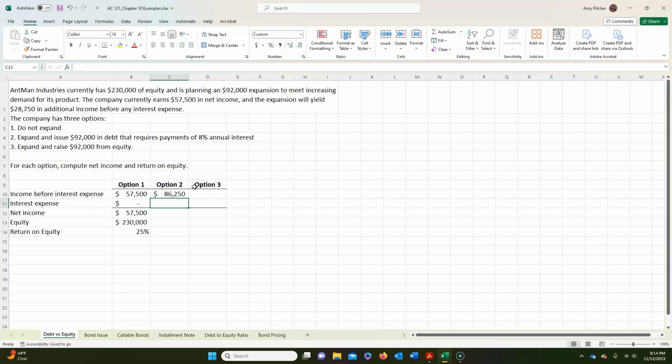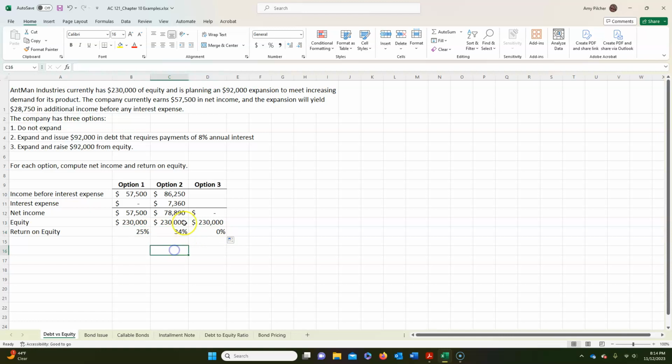So we're taking out $92,000 in loans, so we're going to take $92,000 times 8%. So we're going to have this annual interest expense. Copy this over here. So we're going to have net income. Our equity remains unchanged.